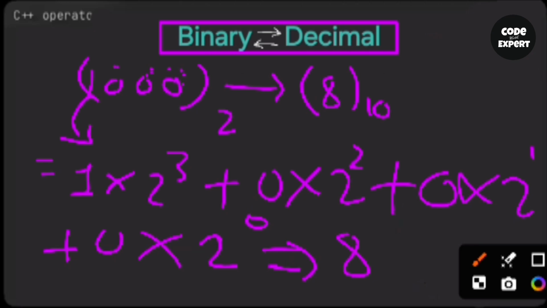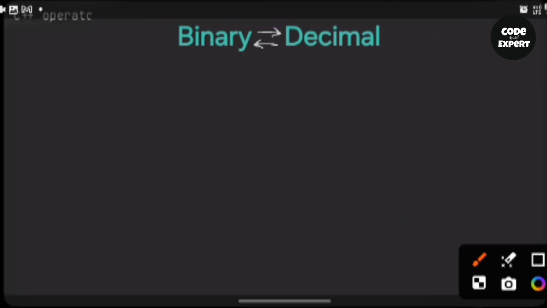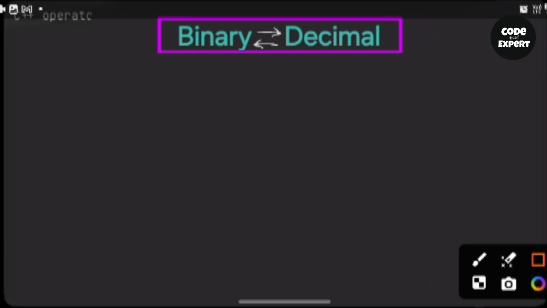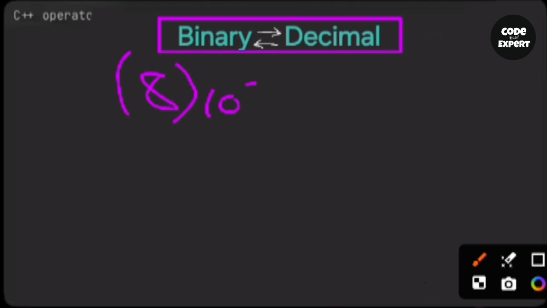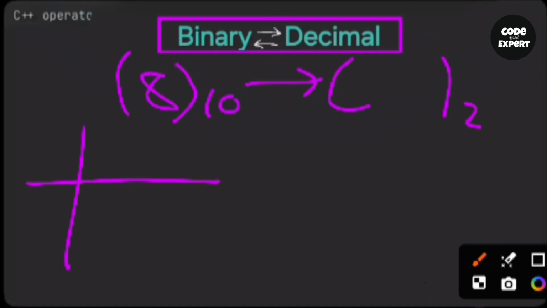Now we will see decimal to binary. Now let us see how to convert decimal to binary. For your reference, I am taking the same number as we have tried before. We have to convert it into a binary number. How can we do so? We have to divide 8 by 2 and write the remainder on the left side.